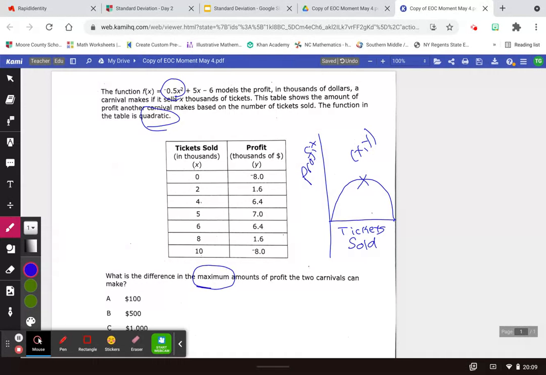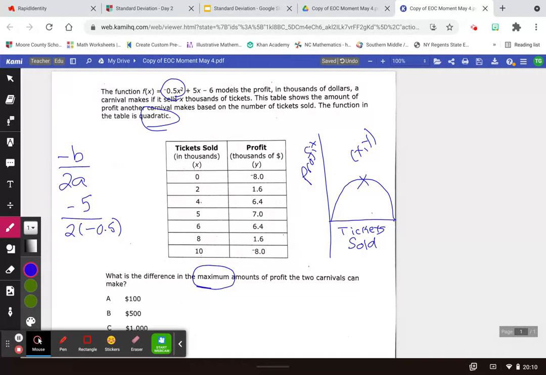Okay? So for each of these quadratic functions, you're going to need to find the x and the y value of your vertex. Now, if you look at the first one, the quadratic is already written for you. So you have your negative b over 2a, which is pretty easy to find. Your negative b is going to be a negative 5, and then over 2 times the negative 0.5.